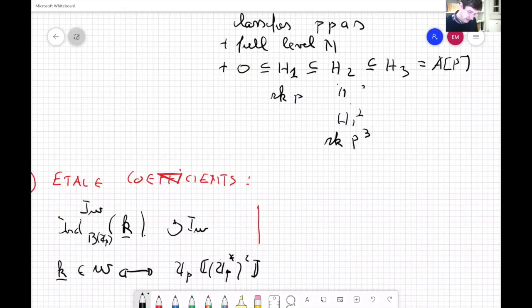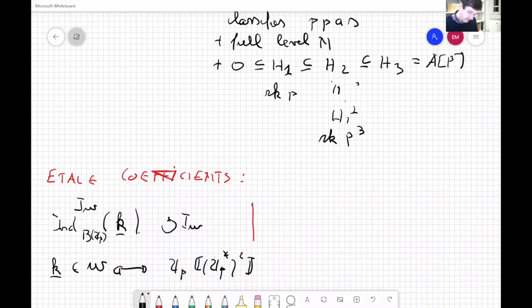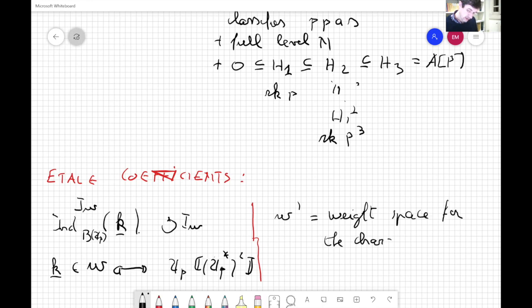So in this case, the weight space, maybe I'll just write W prime. So this is the weight space for the characters of the Klingen parabolic, okay? This is actually one-dimensional.